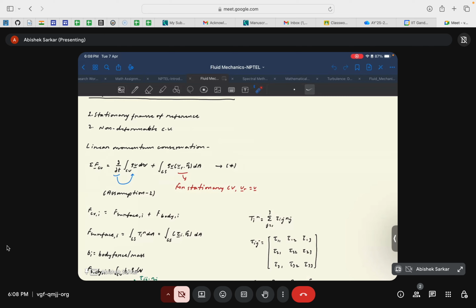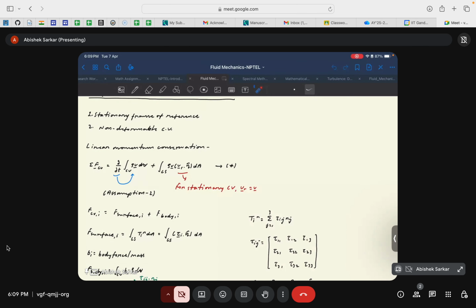First, we consider a stationary reference frame, because we already discussed in the previous session what implications an accelerating reference frame has on the derivation of the conservation equations. So you already know it turns out to be much more complicated. Of course, there is an acceleration correction term in the left hand side of this equation which we have to deal with.